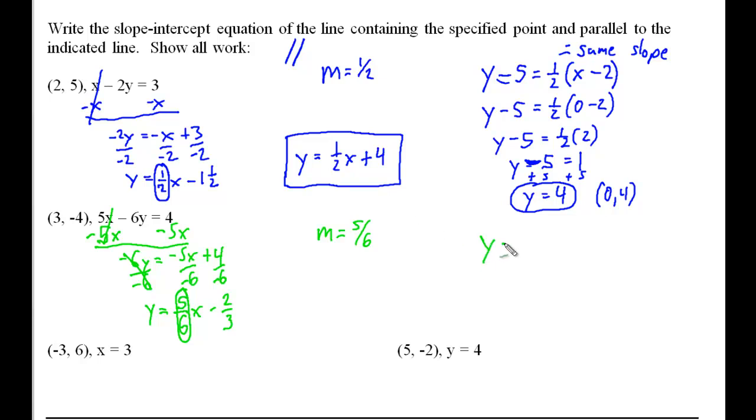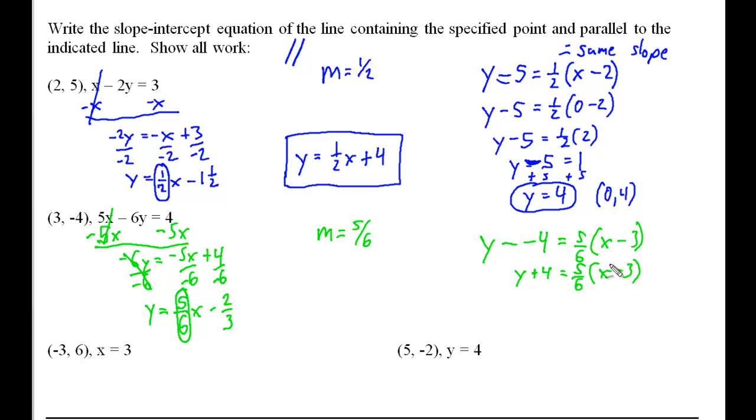So y minus, go all the way over here and look at my y value, y minus a negative 4 is equal to my slope, which is 5/6, parenthesis, x minus 3. Now I want to rewrite this a little bit because minus a negative is just plus, so y plus 4 is equal to 5/6 times (x minus 3).